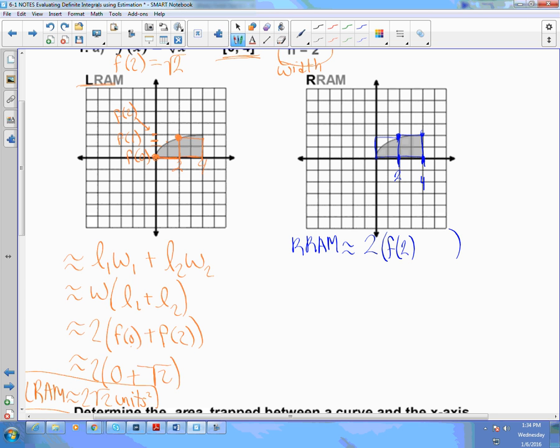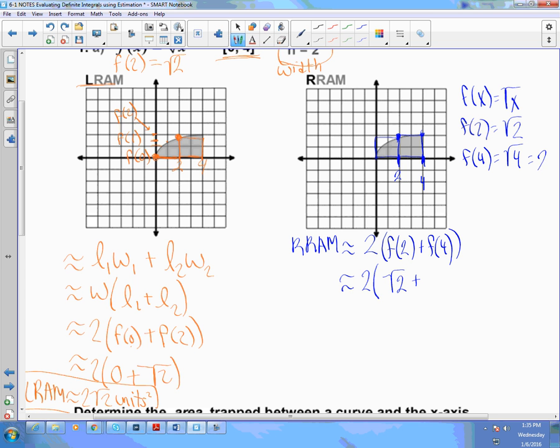So f of 2 plus f of 4. We found f of 2 in the last problem by using a function. So f of 2 was just square root of 2. What's f of 4 going to be? 2, because it's the square root of 4, which equals 2.